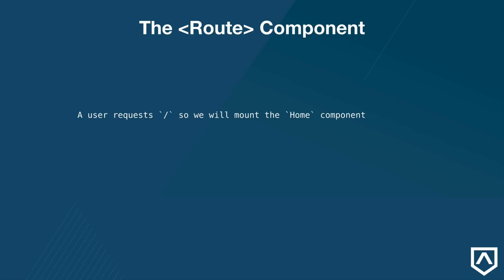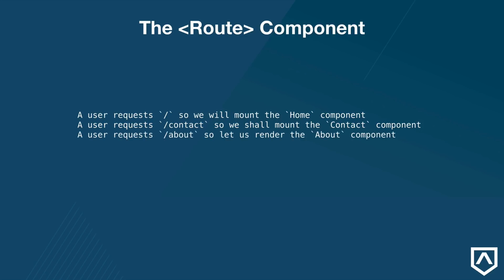So when a user requests the path /, we will mount the Home component. Then if a user requests /contact, we shall mount the Contact component. And finally, we'll have an /about route. So when the user requests /about, we will render the About component.